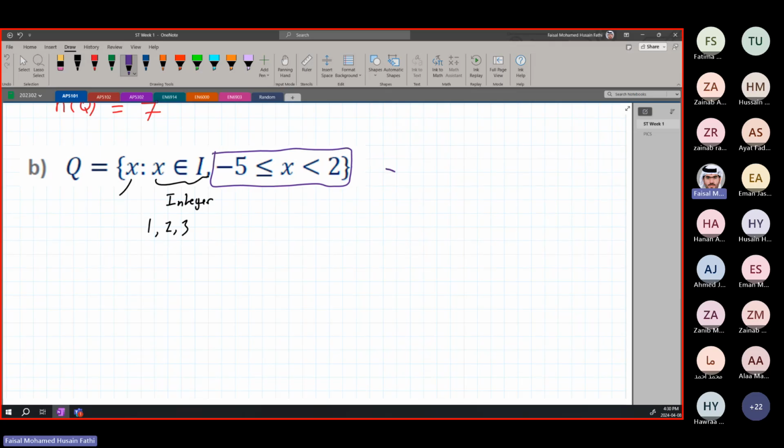So it is going from -5 included, because we have an equal sign over here. All right, so it's included between x, and it's going all the way to the number 2. But there is no equal sign here. An equal sign does not exist. So x is not equal to 2, it's less than 2.